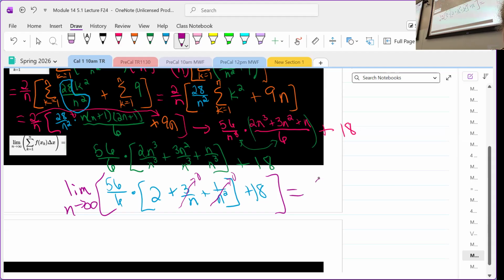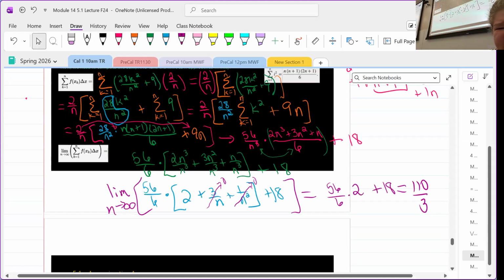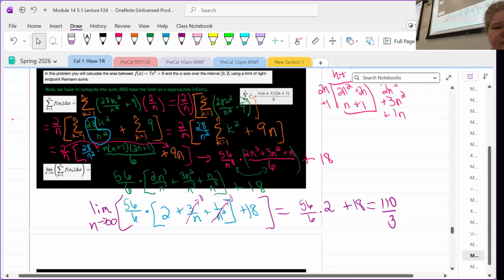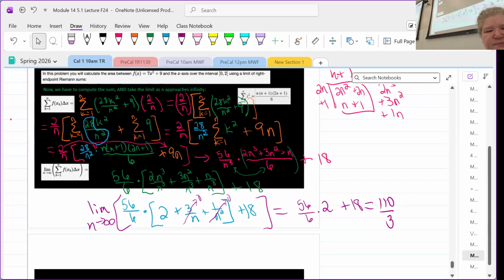So I'm going to end up with 56 over 6 times 2 plus 18, which equals some magic, 110 over 3, which is 36.6 repeating. So that is a giant, disgusting mess.